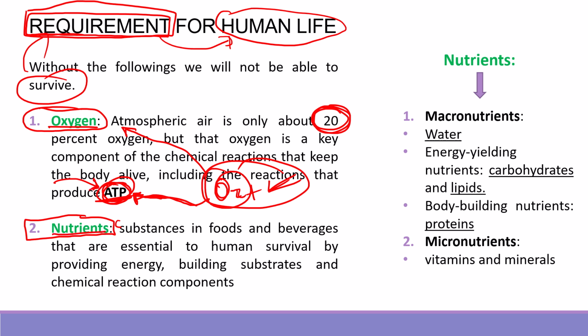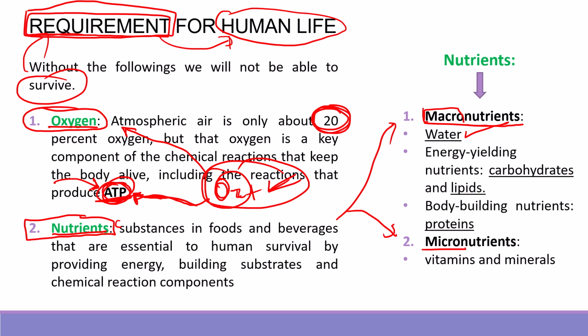Nutrients can be divided in 2, and this is important: macronutrients and micronutrients. Macronutrients refers to the fact not that they're big in size, but that we need large quantities of these nutrients to satisfy the body requirements. So we need large quantities of water, and we need large quantities of carbohydrates, lipids, and proteins.